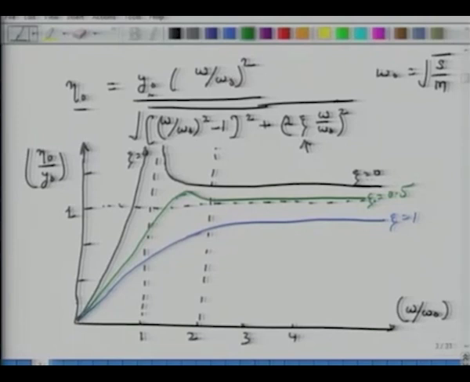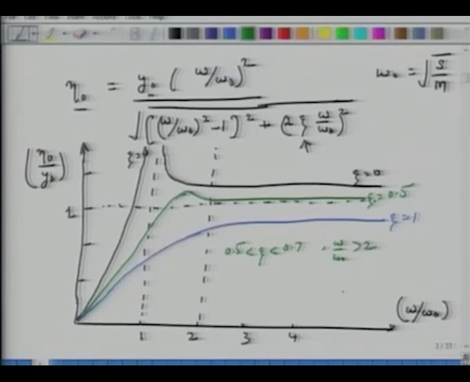So what we see here is that if eta is in this range, 0.7 to 0.5, essentially we get a fairly flat frequency response once my omega divided by omega naught is above somewhere 2.